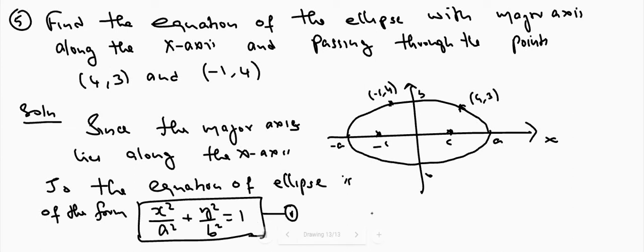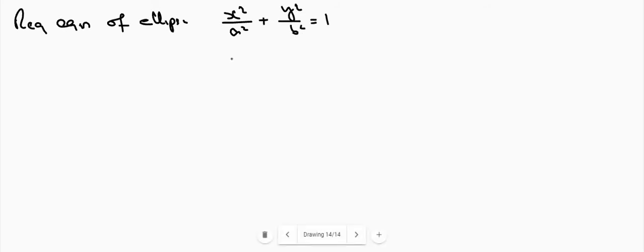The only information in the question is that it passes through the points 4, 3 and minus 1, 4, and that the major axis is the x-axis, so we take it as type 1.